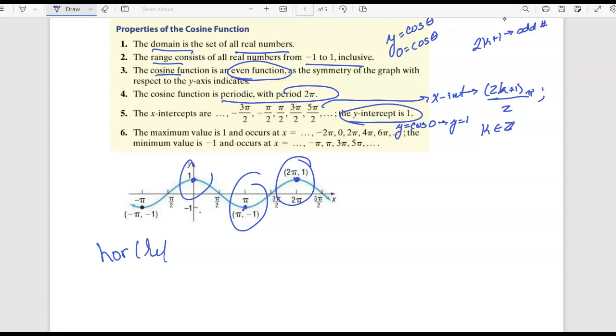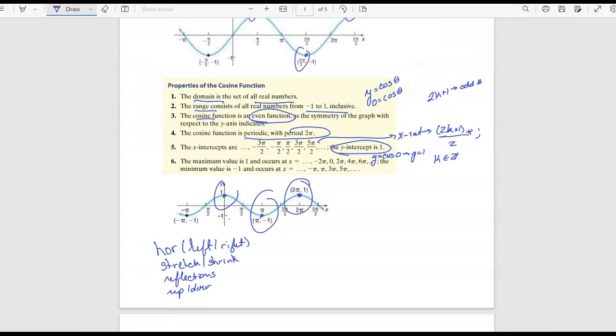So that's left, right. And then we could stretch or shrink, and then reflection, and then up or down. So what we do is we start with the parent function and we build up to this new function that we're trying to find the transformation of.